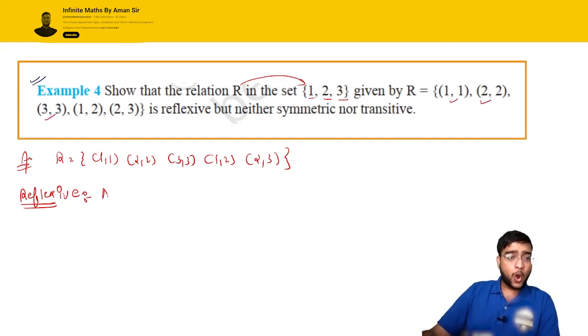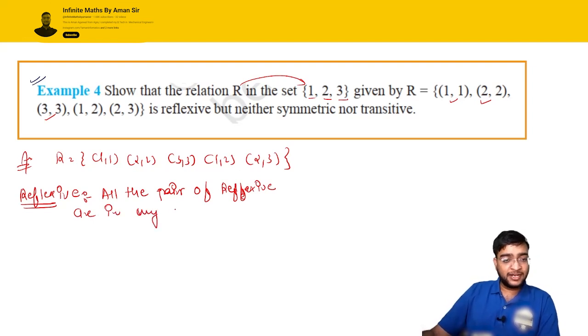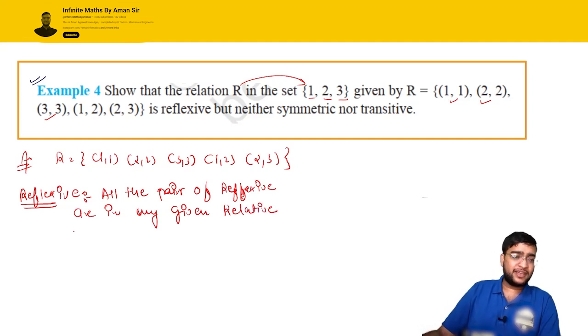So all the pairs for reflexive, 1,1, 2,2, and 3,3, belong to my given relation.